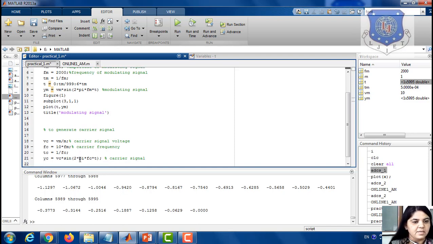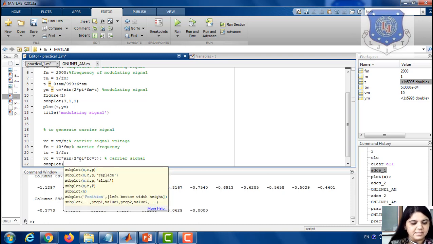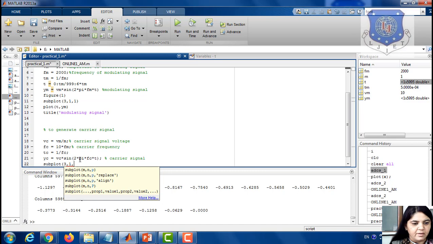Now similarly, the figure number 1 I'm using, so I'm not rewriting it. Subplot, I want to plot it. Earlier I said I want to divide my plot in how many parts? 3 parts. So I'm writing the 3 over here. Column is 1, and the first figure we have also plotted is the modulating signal.